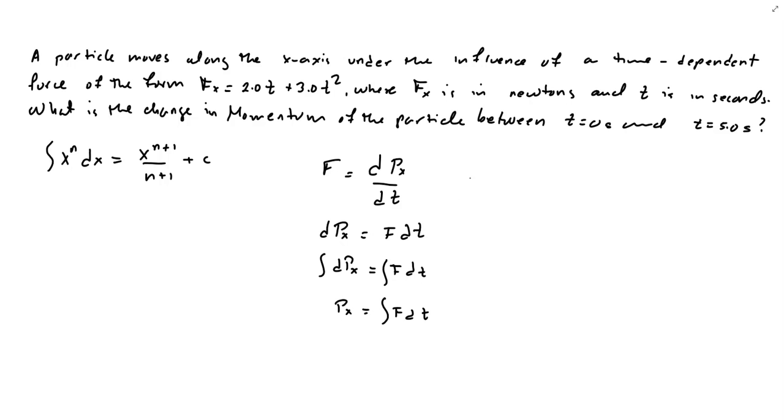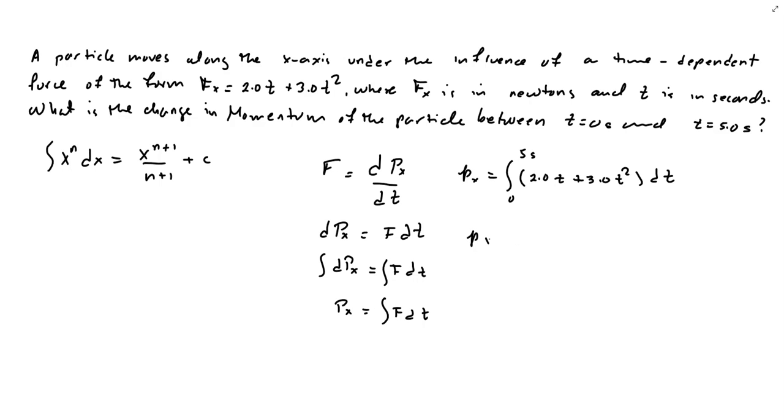So we can say that px here would be the integral from 0 to 5 seconds of what is F. F is 2.0 t plus 3.0 t squared dt.